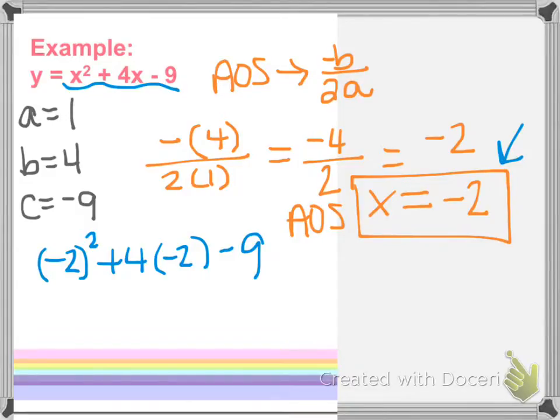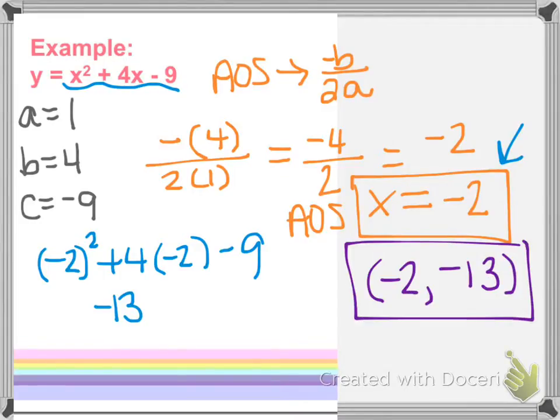And then see what it gives you, which in this case is -13. That's your y. The x is what you plugged in. So we plugged in -2 for x, and we got -13 for y. That's our second answer. That's our vertex.